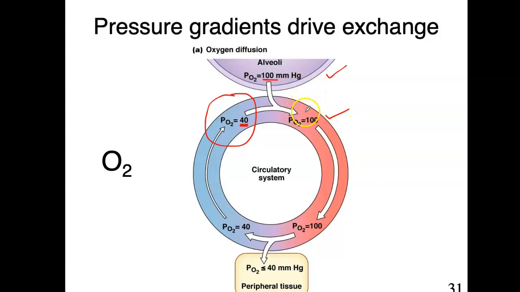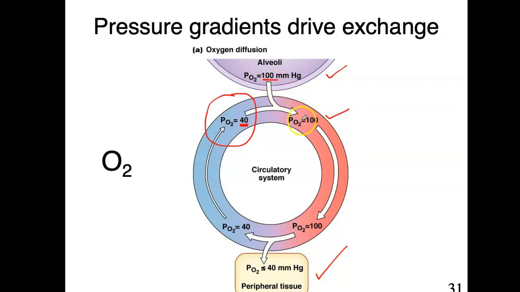So now the capillaries are loaded, and you have 100 millimeters of mercury, and they're circling around in these capillaries. It's going to little vessels, and it's going to distribute to the cells. That's the whole point. You're trying to get air from the alveoli to the cells that need it. So these numbers are important.